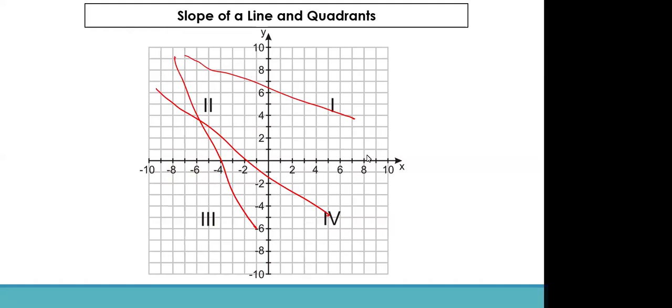You can have very steep lines that have negative gradients, or lines that are almost flat. You can have negative gradients as long as it moves down from left to right. If it moves up from left to right, then you have a positive gradient.